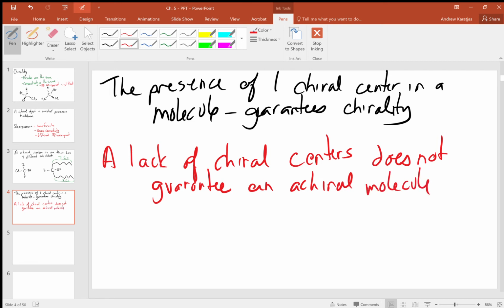So achiral, meaning not chiral. Most molecules that have no chiral centers are not chiral. But as we'll see later on, there are some exceptions. So in other words, it is possible to have a chiral molecule that doesn't actually have any chiral centers.